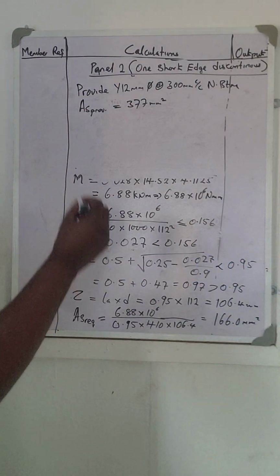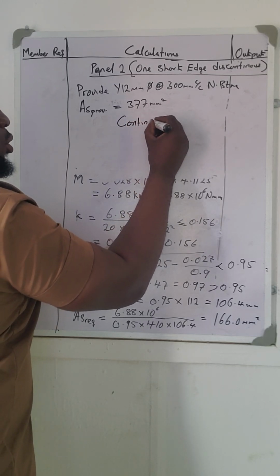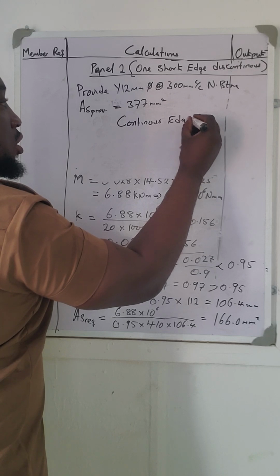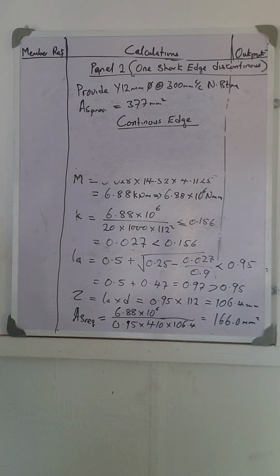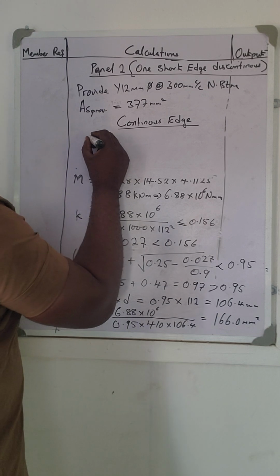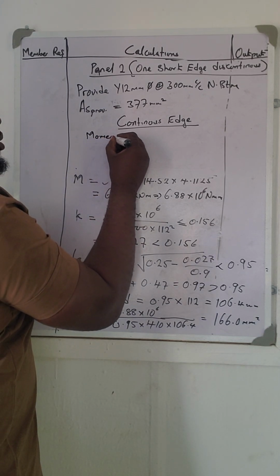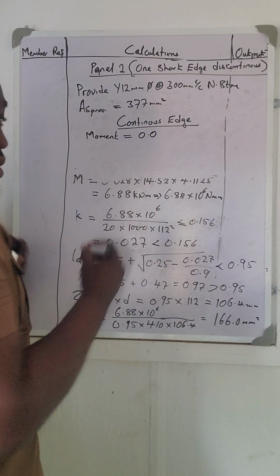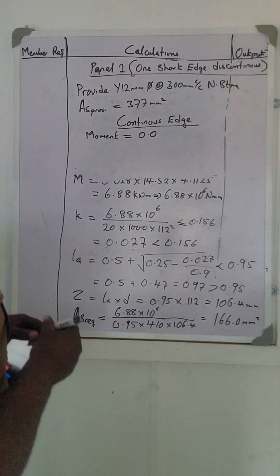Now we go to the continuous edge. For the continuous edge, there's a moment coefficient. What is that moment coefficient? The negative moment coefficient.